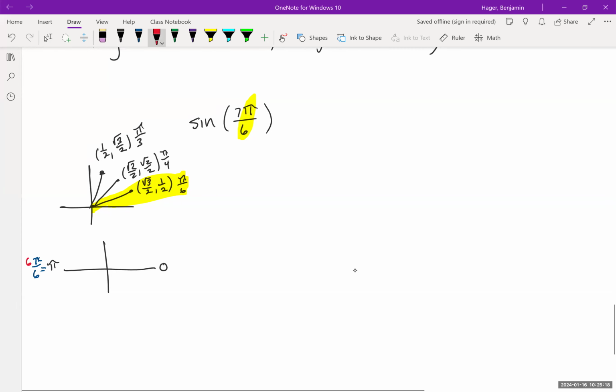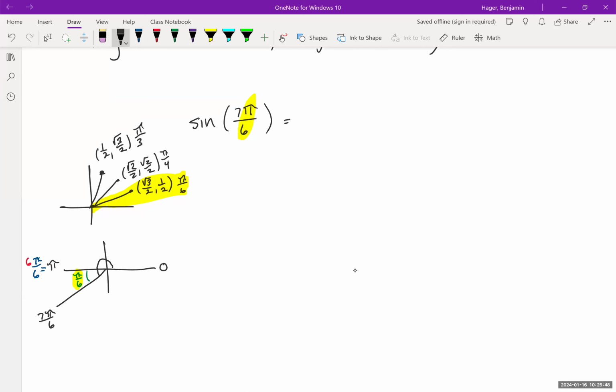You would need 6 of those slices because the 6's would cancel, leaving you with just pi. So I know if I go halfway around the circle, I've gone 6 of these slices. That means one more would put me at 7 of these slices. And I know that this angle here would be one additional pi over 6 slice. So again, I can see that the reference angle is indeed pi over 6.